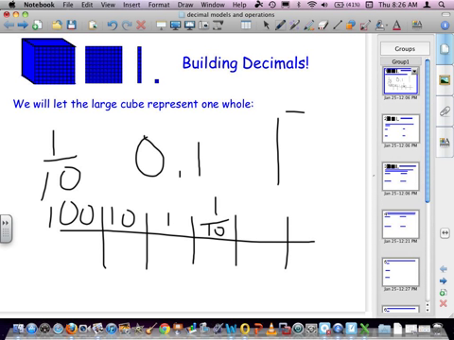Multiplying fractions. If I have something that's 1/10 high by 1/10 wide, it's going to end up being 1 out of 100. So 1/10 of 1/10 is 1/100th. And 1/10 of 1/100th is 1/1000th, and so on.